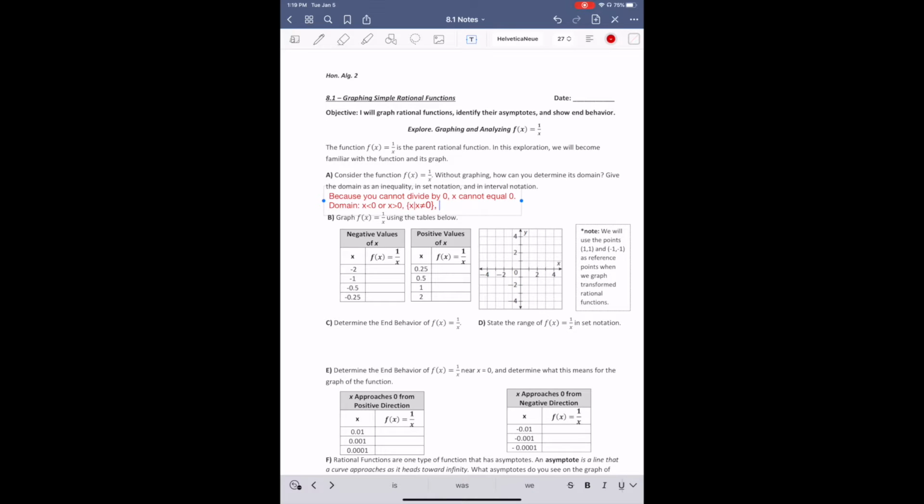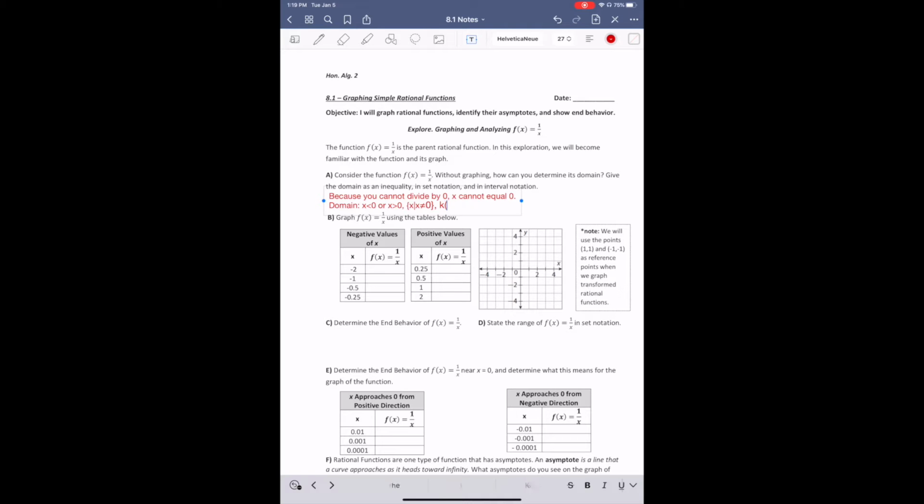And interval notation, remember, is when we use the parentheses or brackets. Now, because we are talking about left to right, we can include everything except for 0.